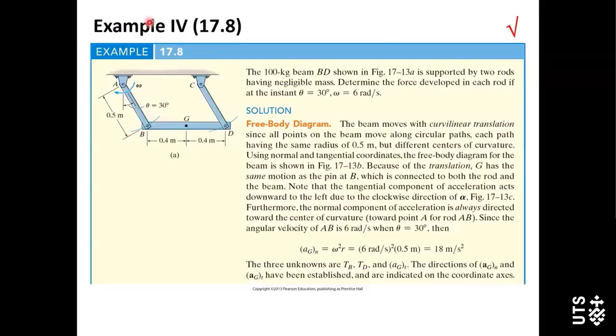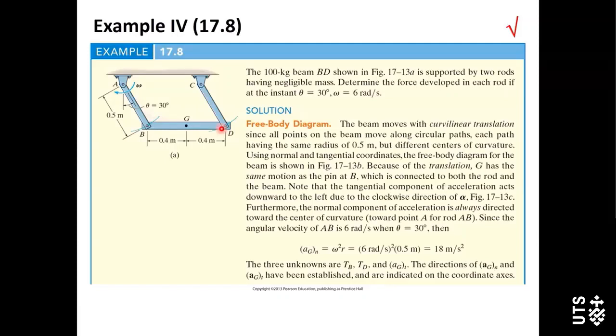Now this problem, example 4 here. The only thing I would like to highlight is that for this kind of problem, because this is curvilinear translation, we can use the normal tangential coordinate system.